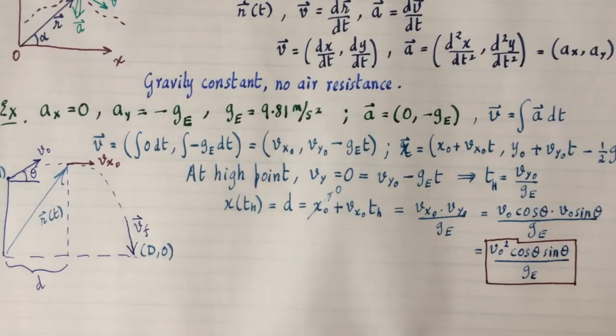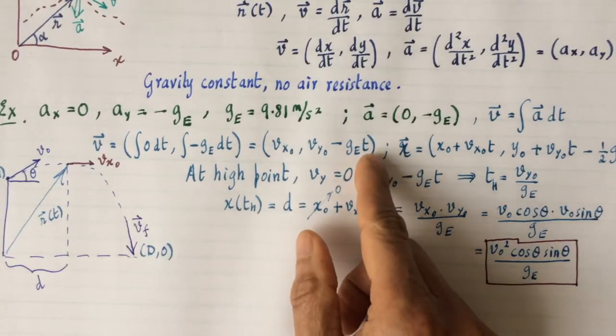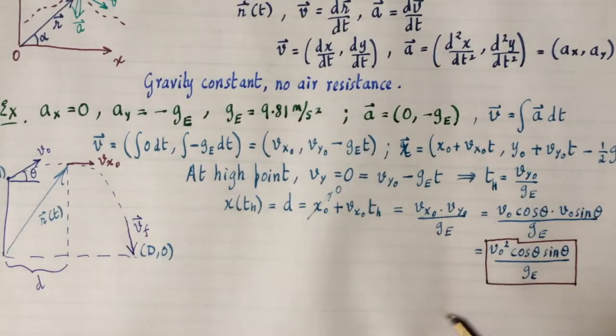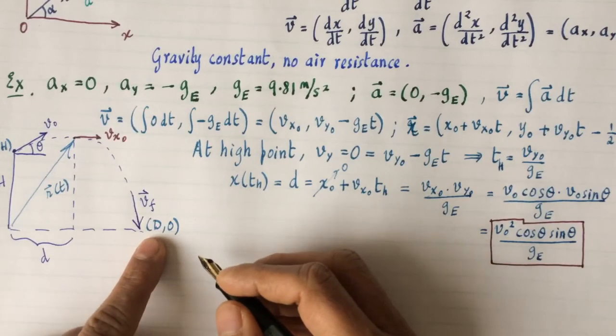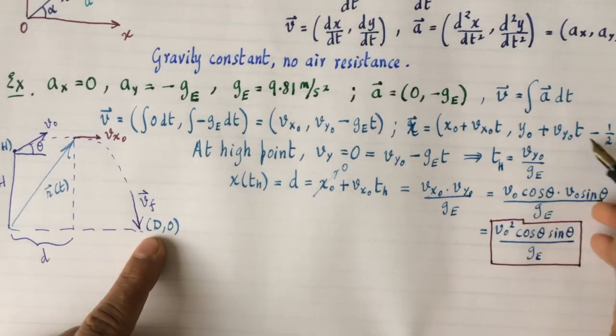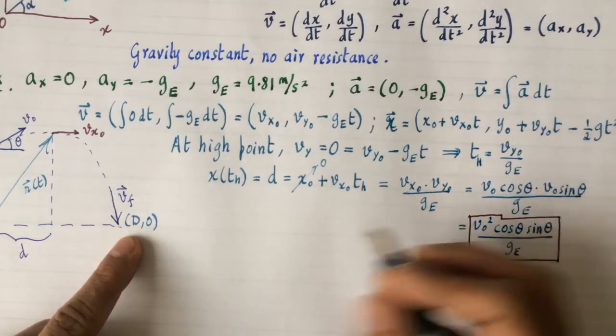The second thing we have to figure out is what the velocity is. To find the final velocity, we need the final time. So that's the next thing we need to do. At the end, the projectile bites the dust, which means the y coordinate is 0. So we have to set this entire thing equal to 0.